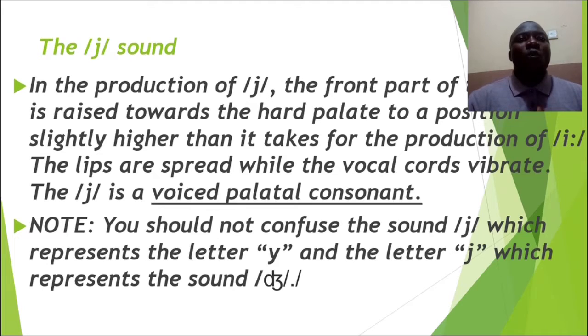The lips are wide spread while the vocal cord vibrates. That is /j/, you spread your lips wide. Now the /j/ is a voiced palatal consonant, or you can say voiced palatal semi-vowel.